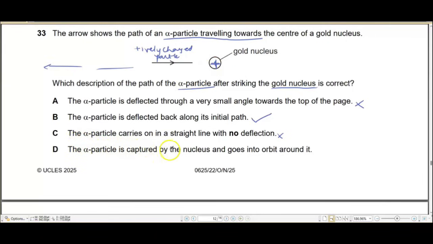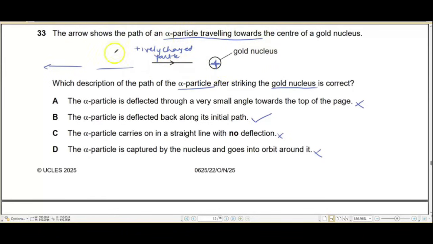D, the alpha particle is captured by the nucleus and goes into orbit around it. No, this is certainly not correct. The alpha particle is positively charged, and the gold nucleus is also positively charged, just as I've told you. Since like charges repel each other, an electrostatic repulsive force acts between them.